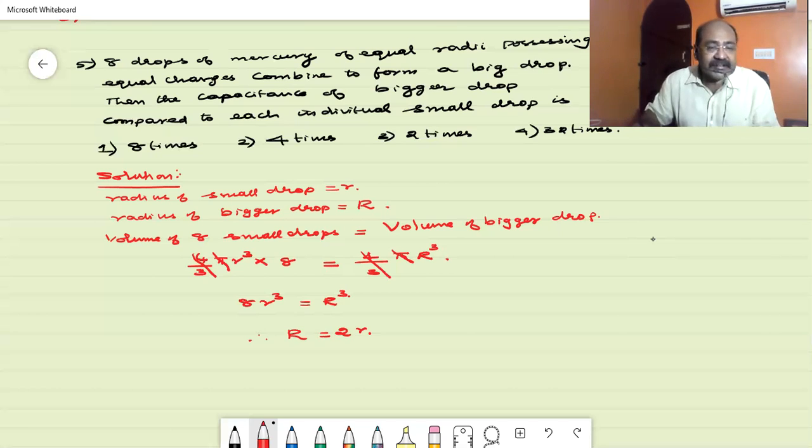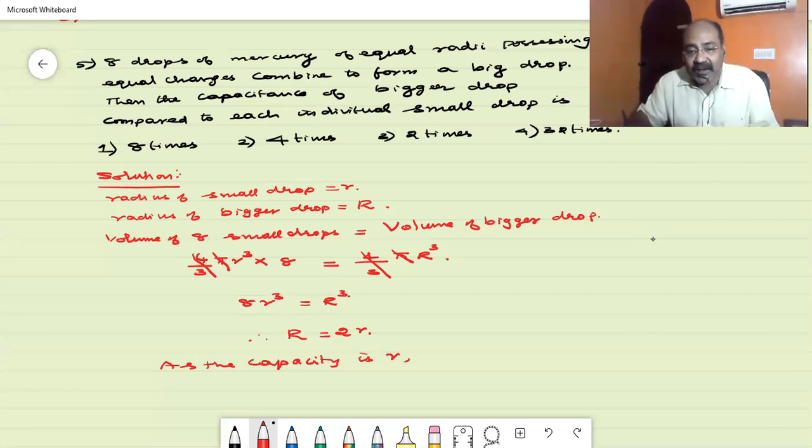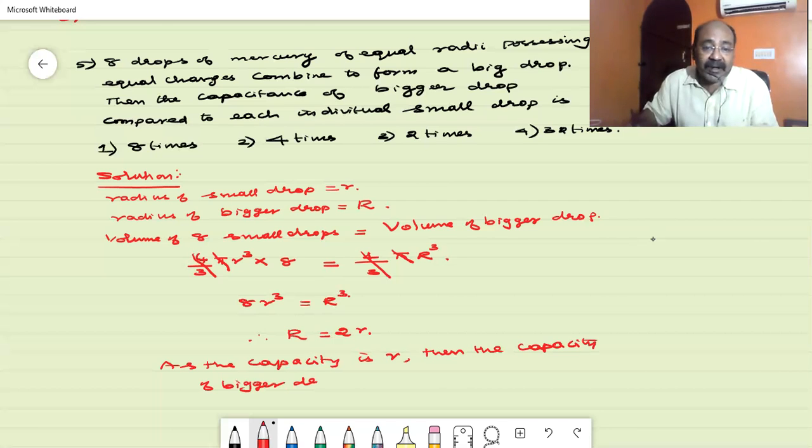As the capacitance of the small droplet is proportional to r, the capacitance of the bigger drop becomes 2 times that of r.